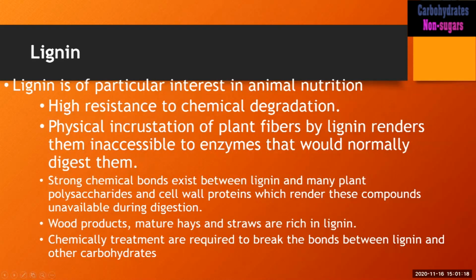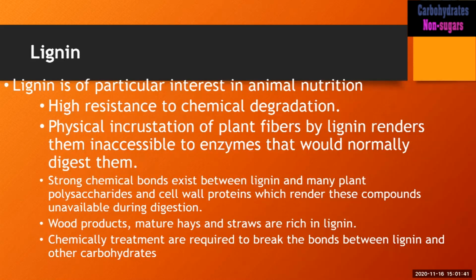So lignin, as I have already mentioned, is why we discuss it: it gives high resistance and it is not easily degraded by enzymes due to its structure. It gives a physical incrustation of plant fibers.